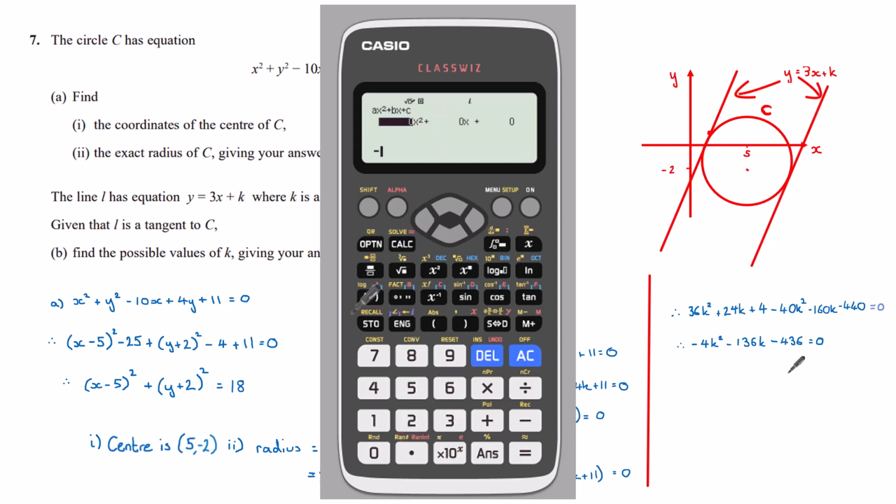We have minus 4x squared minus 136k and minus 436, and that's equal to 0. And our two values of k are given as minus 17 plus 6 root 5 and minus 17 minus 6 root 5.